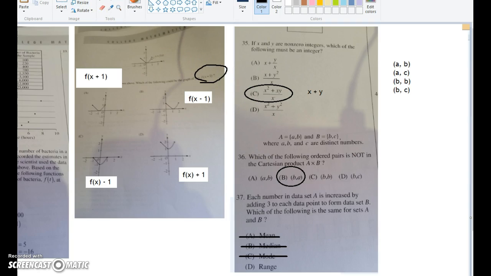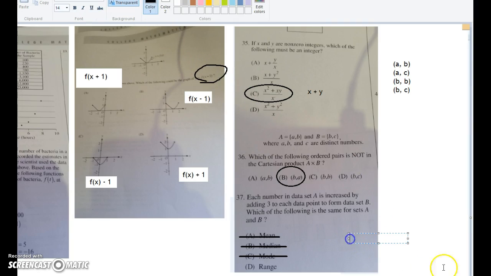So let's say you have a data set, and the data set is like 1, 2, 3, 4, 5. And the range here, range is just biggest minus smallest, so 5 minus 1 is equal to 4. That's our range. Right?